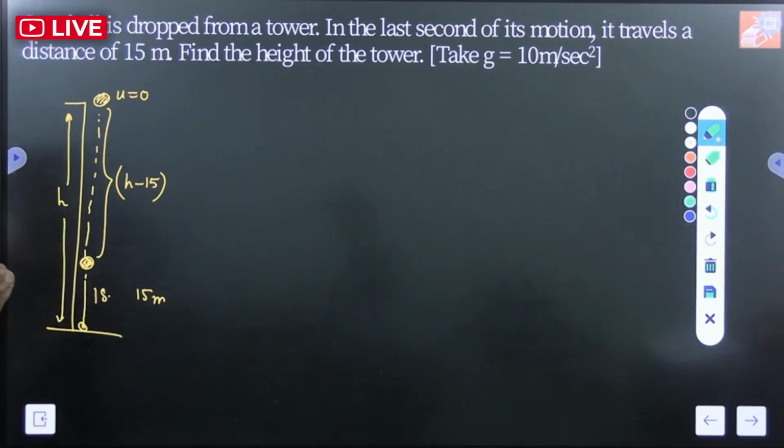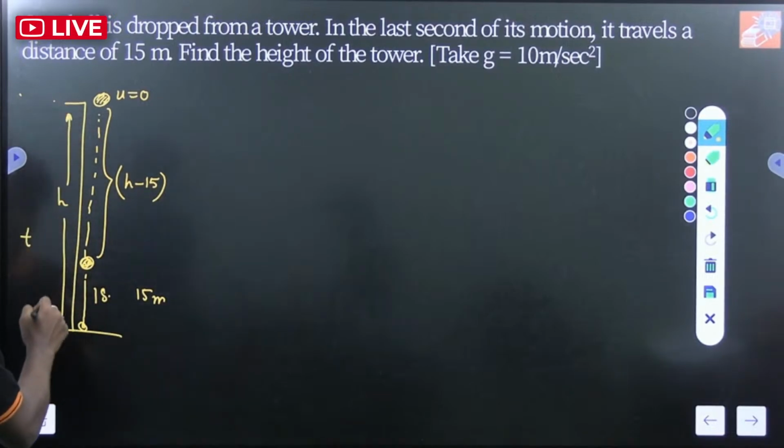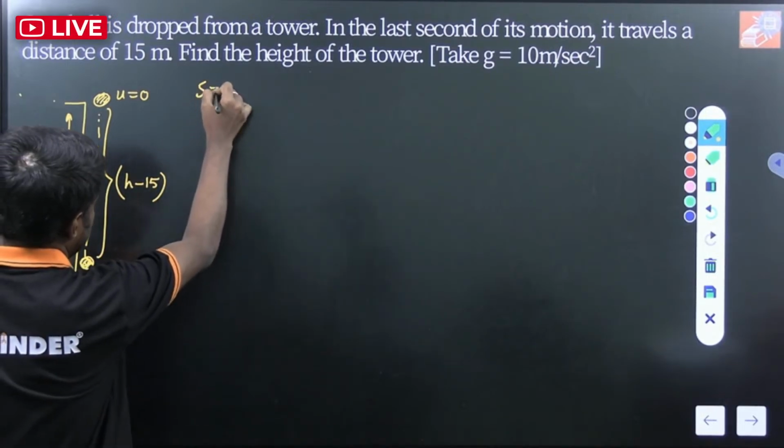So you know the equations of motion, or we can find out this time. Let's take the total time as t, the time to reach here. So we can say s equals ut plus half a t square. You know this.